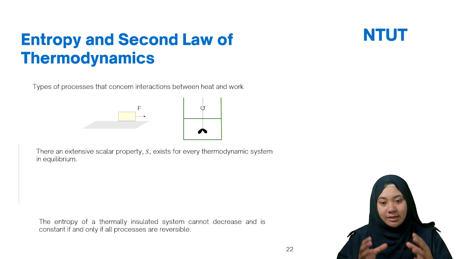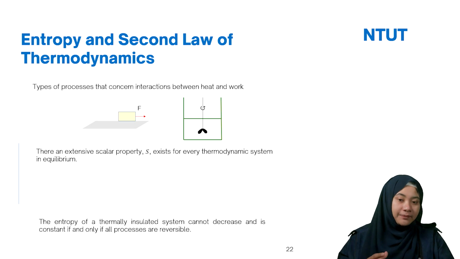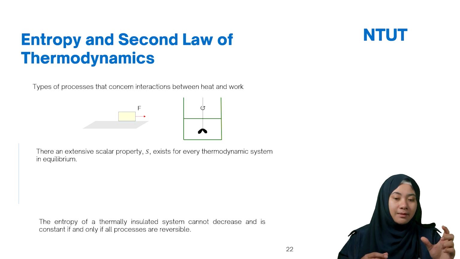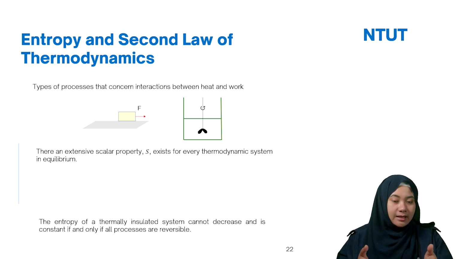So when you see later in chapter 4, when they say reversible, it means the S generation is equal to zero. Because entropy always increases, it will produce generation. In this case, if it is reversible, it is equal to zero.